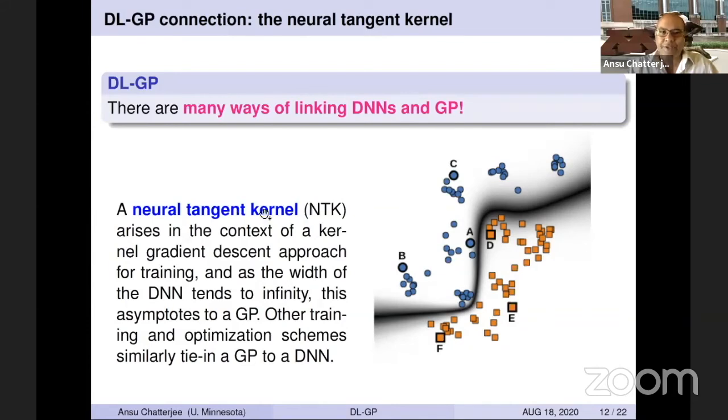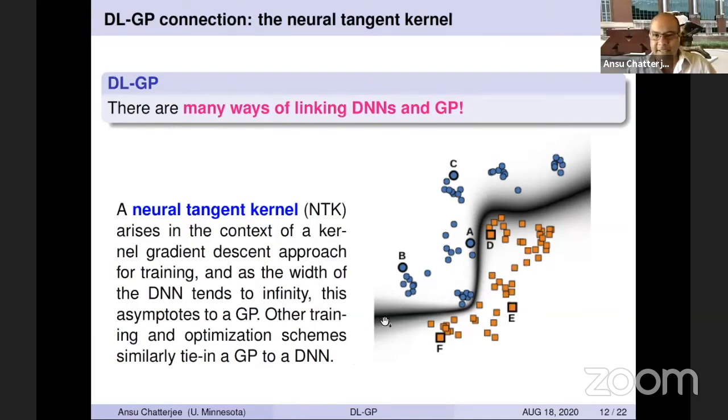And this is actually a kernel relating to a particular Gaussian process. This is a different way of relating deep neural networks with Gaussian processes, and it's something that we've been working on, and we are finding fantastic properties out of this.